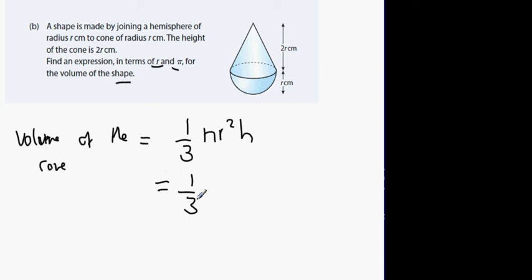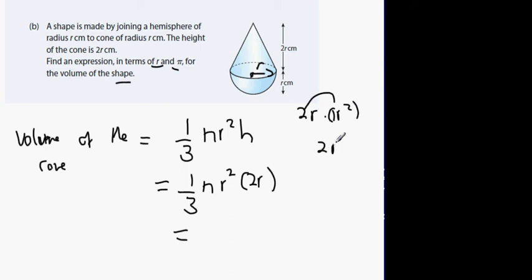And that's equal to a third pi, where the radius is r and the height is 2r. Now, r squared multiplied by 2r is like 2r multiplied by r squared: 2 times 1 is 2, and r times r squared is r cubed. So it's 2 pi r cubed all over 3. That's the volume of the cone.